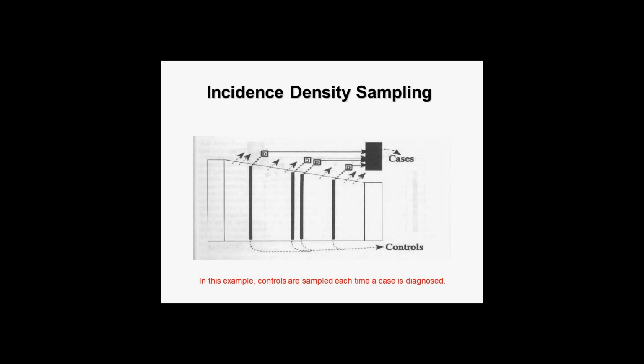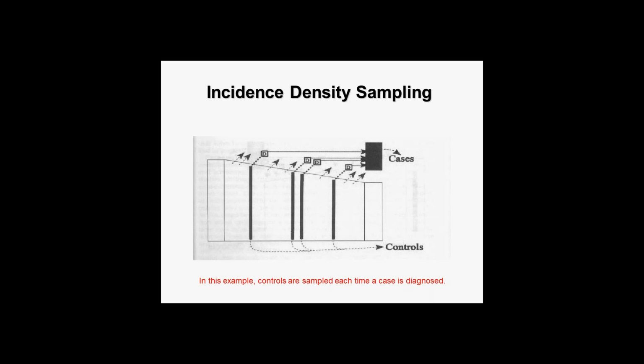You can still match on age, race, sex, whatever you want to, but you're also matching essentially on follow-up time. In other words, incidence density sampling means that the control must have been under follow-up at least as long as the case, and was not a case at the time that the case was a case. So a person could be both a control and a case, right?